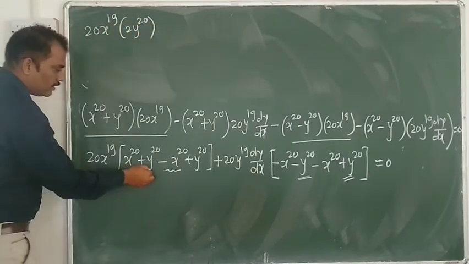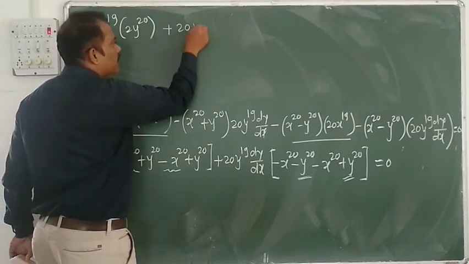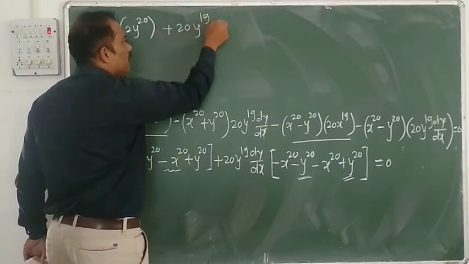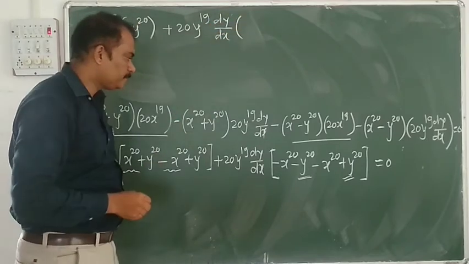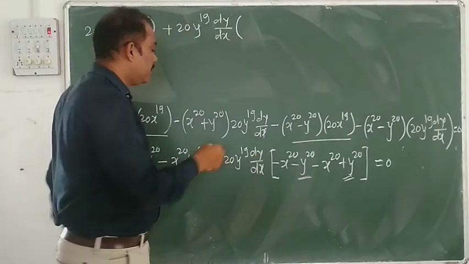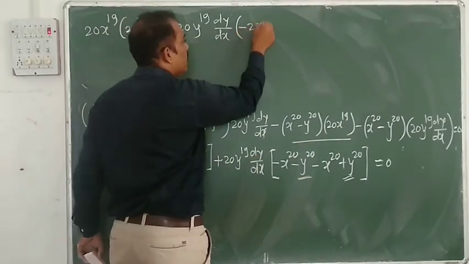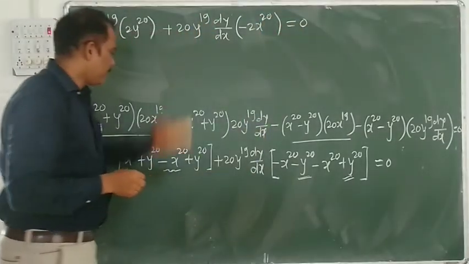We take the addition of these two terms, plus 20 times y raised to 19 dy by dx into bracket. Here minus x raised to 20 minus x raised to 20, it becomes minus 2 times x raised to 20 is equal to 0.